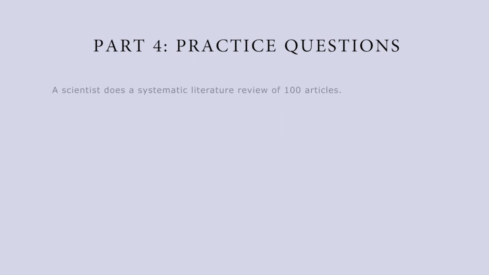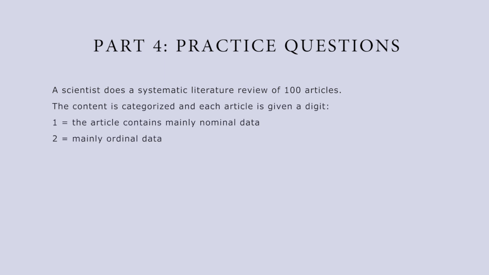A scientist performs a systematic literature review of 100 articles. The results from this review show that 25 articles present nominal data, 35% ordinal data, 15% interval data, and 25% ratio data.